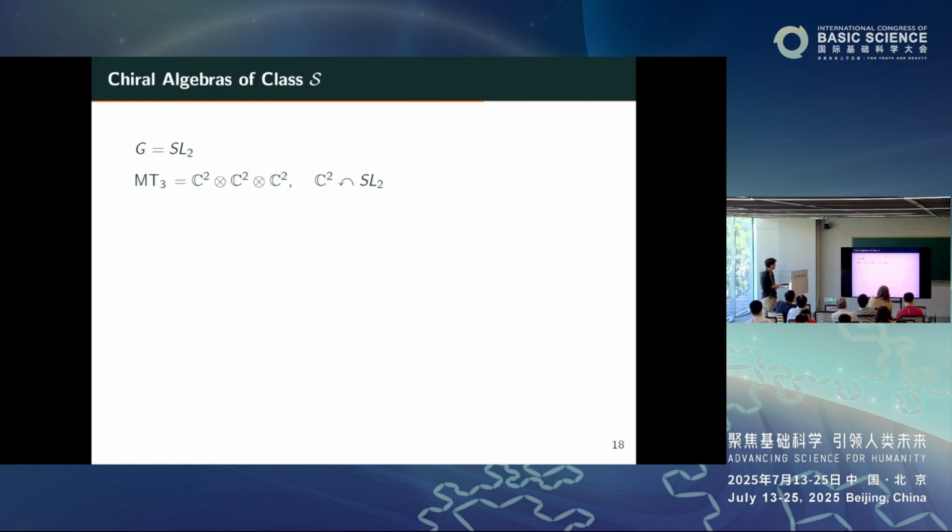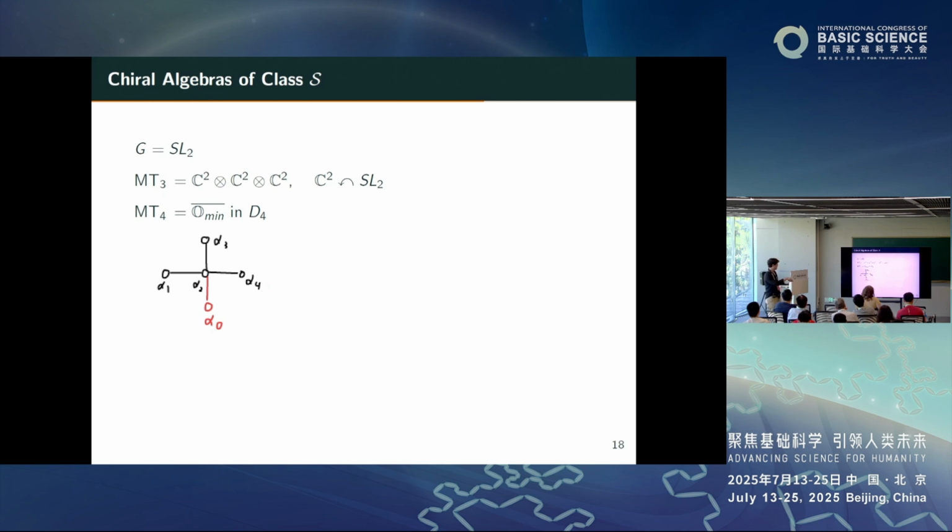But if you consider the Moore-Tachikawa variety of 4 points, you find something interesting. It's a variety with 4 commuting actions of SL2, and this is isomorphic to the minimal nilpotent orbit closure in D4. Why D4? Because you find 4 commuting SL2 actions on its affine Dynkin diagram.